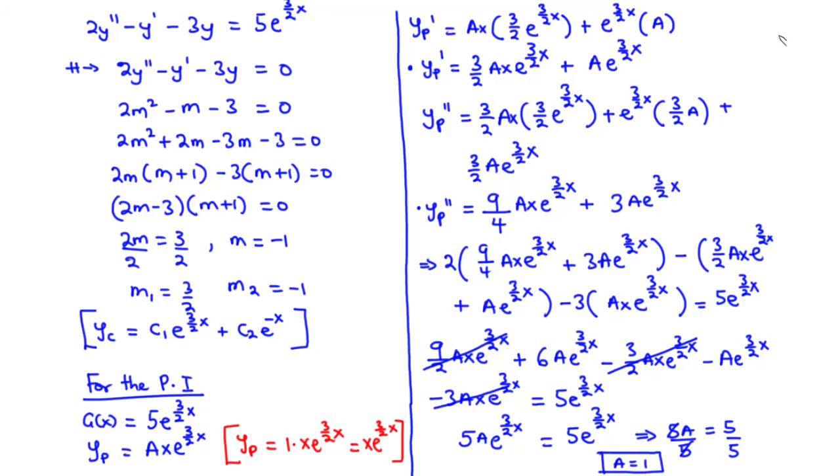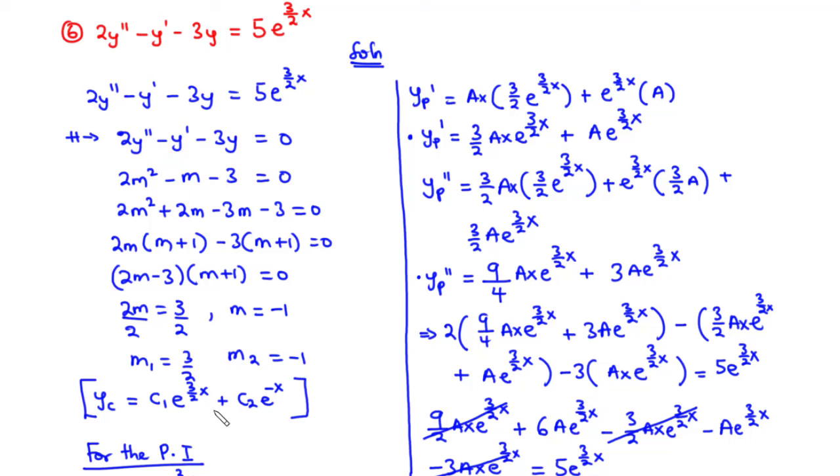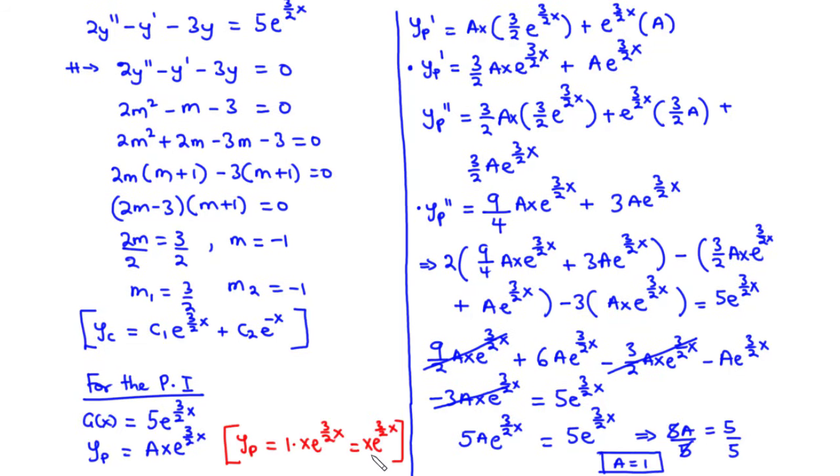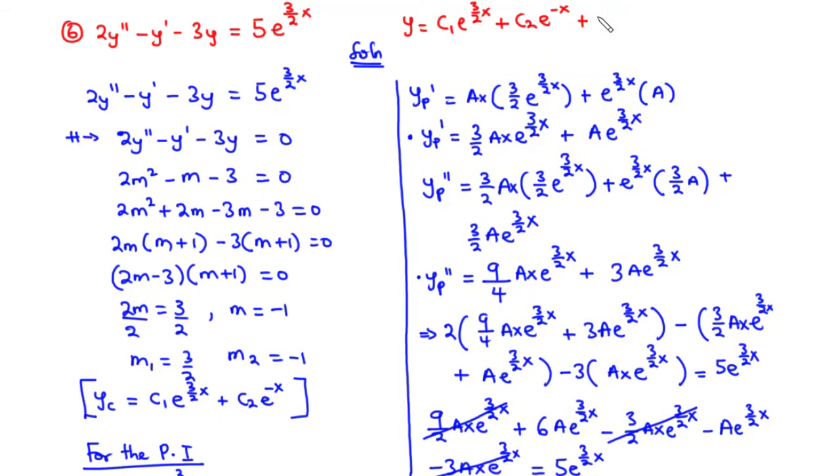Therefore the general solution to the differential equation, which is given by y equals yc, which is c1 e to the power 3 over 2x plus c2 e to the power negative x plus x times e to the power 3 over 2x. This is the general solution to the given differential equation.